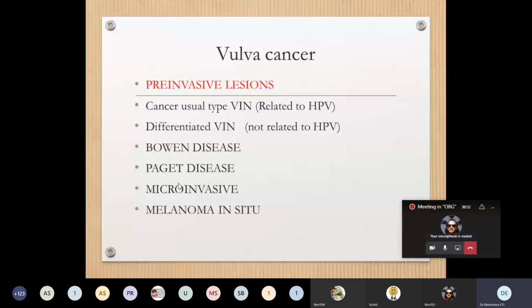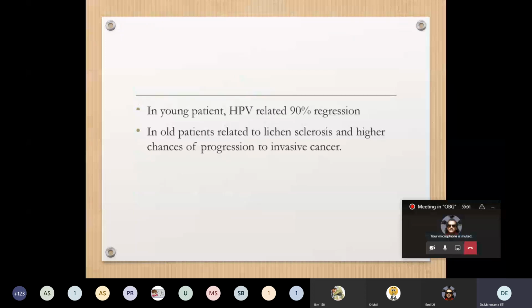Among them, what is important for us is the one related to HPV, which is most commonly associated. So what is the prognosis? Vulval intraepithelial neoplasia can be found even in young patients, and most of the time it is related to HPV and has a 90% regression rate.